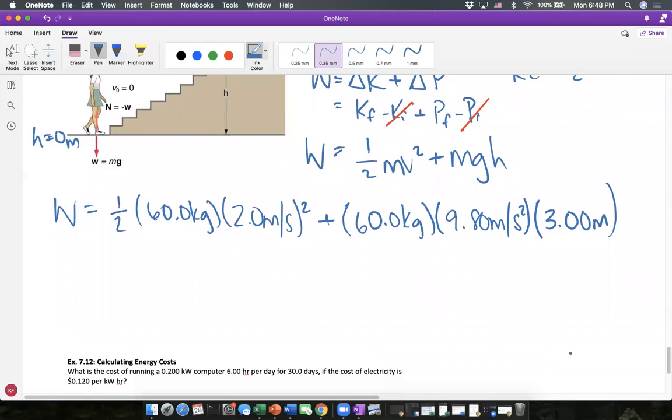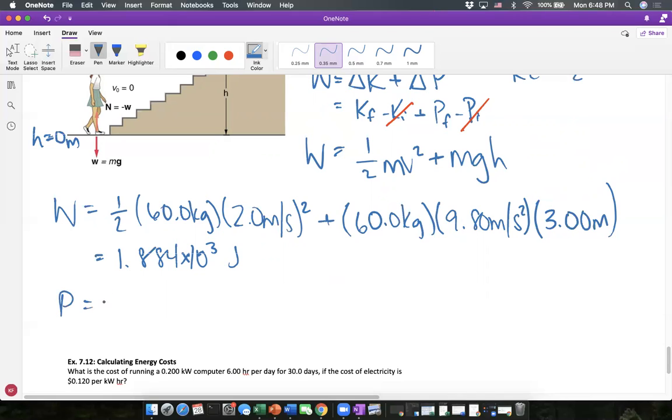Solving for that, let me do that real quick: 0.5 times 60 times 2 squared plus 60 times 9.8 times 3. That gives me 1.884 times 10 to the third joules.